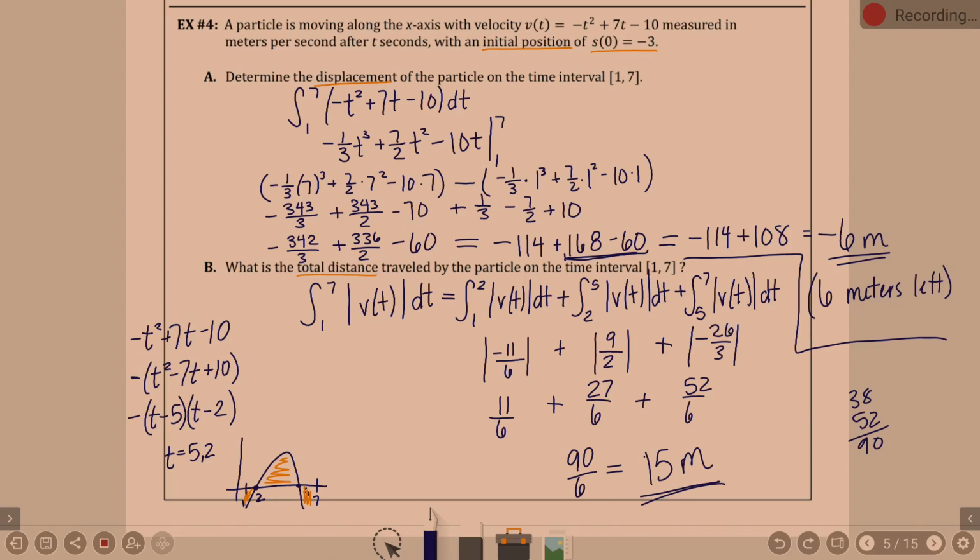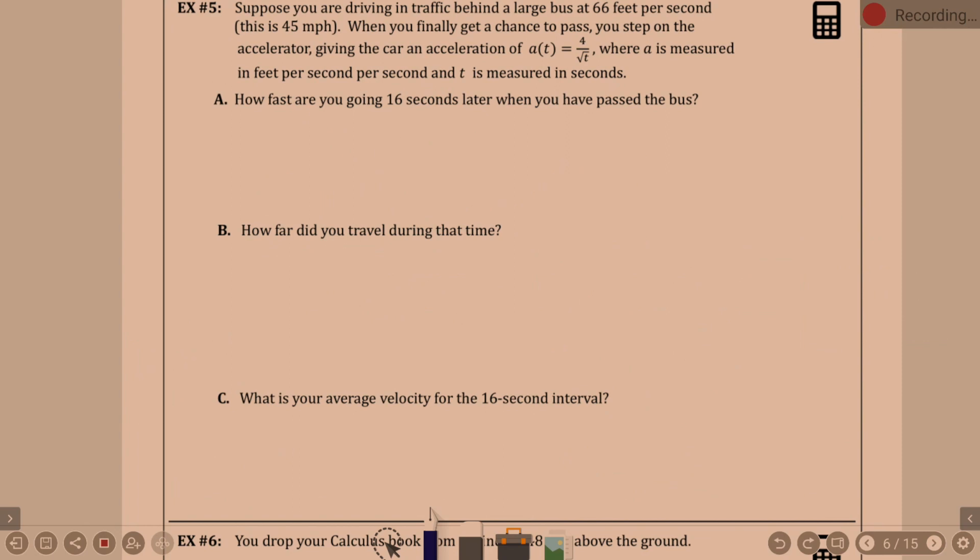Okay, we got 5, 6, and 7 to try and get through. Number 6. Suppose you are driving in traffic behind a large bus at 66 feet per second. This is 45 miles per hour.